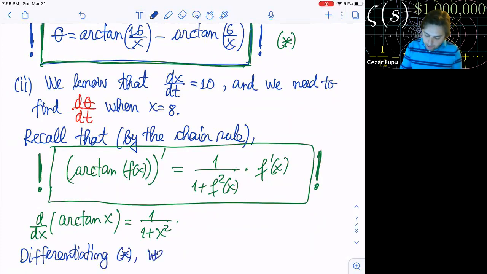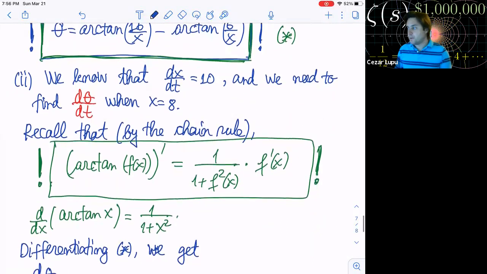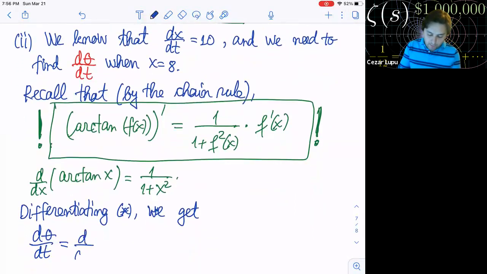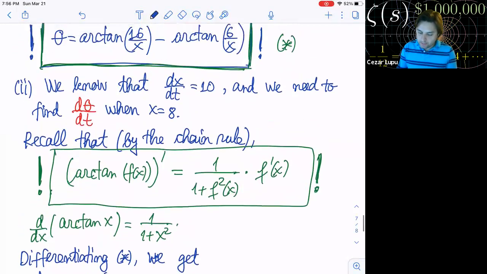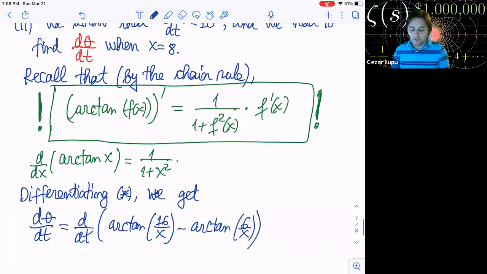We get d theta over dt equals d over dt of arctangent of 16 over x minus arctangent of 6 over x. All right, beautiful.